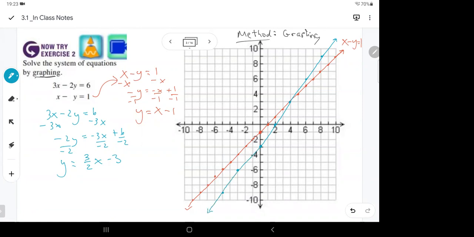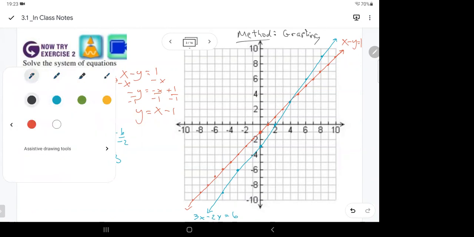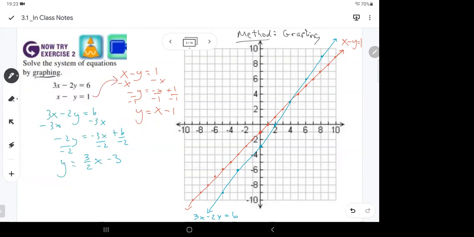Okay. And again, we'll use the original, so this is 3x minus 2y equals 6. Here you can see it overlaps right here. We have our overlap right there, and that point is (4, 3). All right. Good.